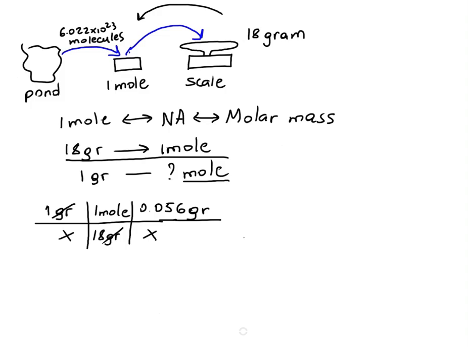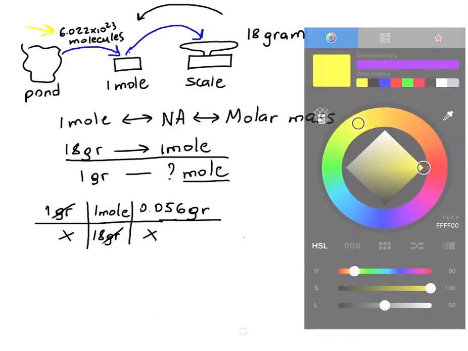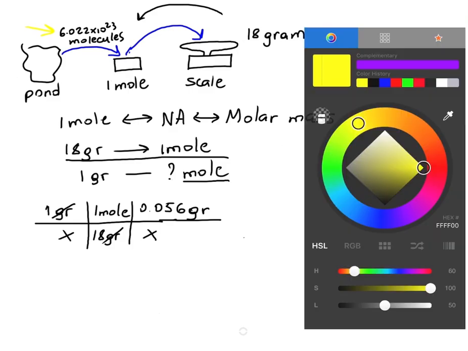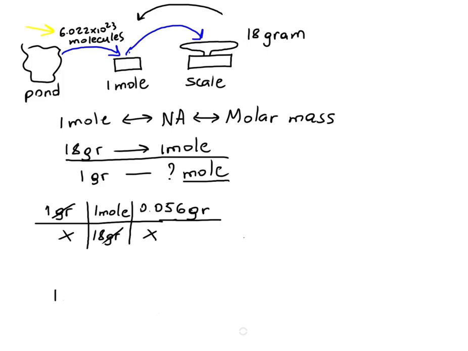Now let's solve a different problem. Let's say that instead of 6.022 times 10 to the 23, which is Avogadro's number, what if we take only 1.22 times 10 to the 23?